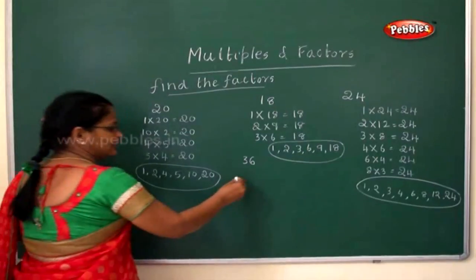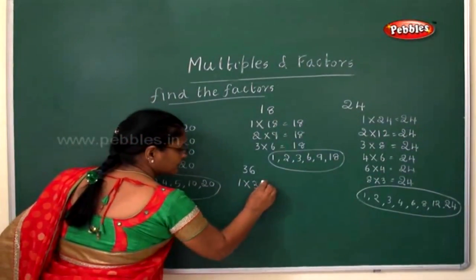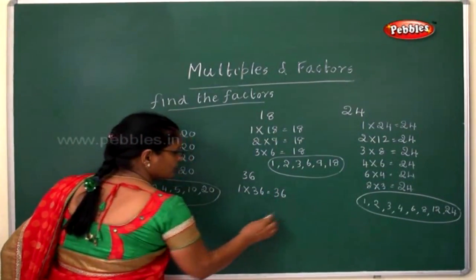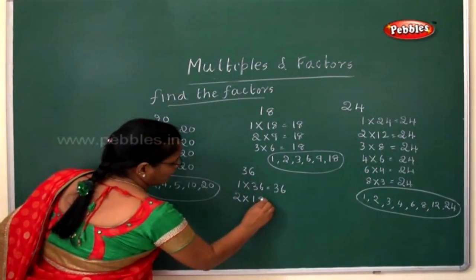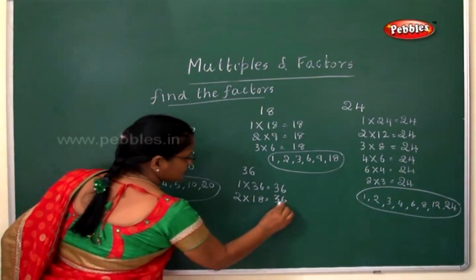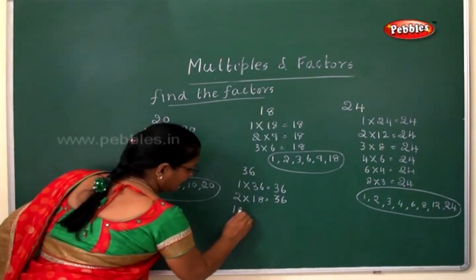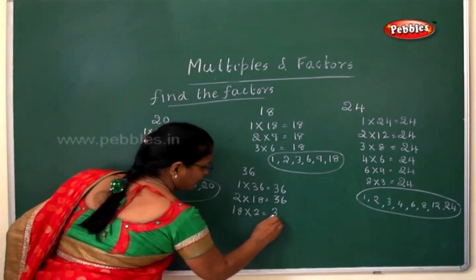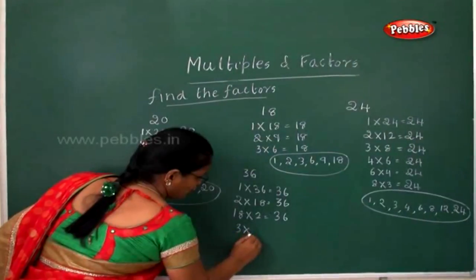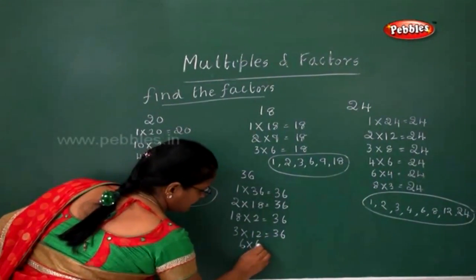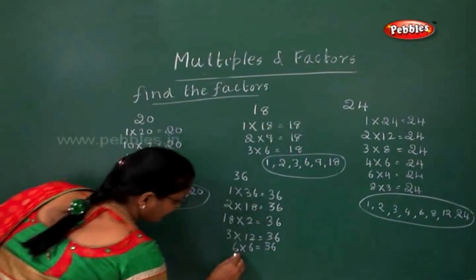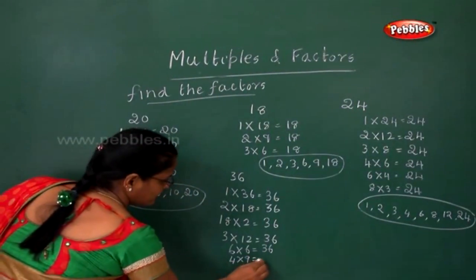Now the last one, for 36: 1 36 is 36, then 2 18s are 36, then again 18 2s are 36. You will write it in this way. Then 3 12s are 36, then 6 6s are 36, then 4 9s are 36.